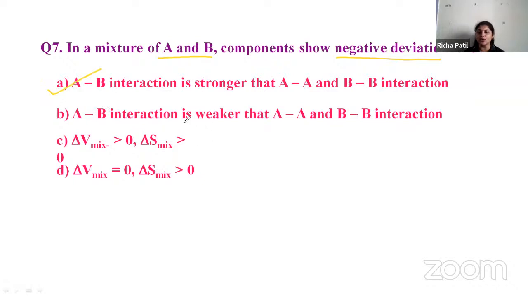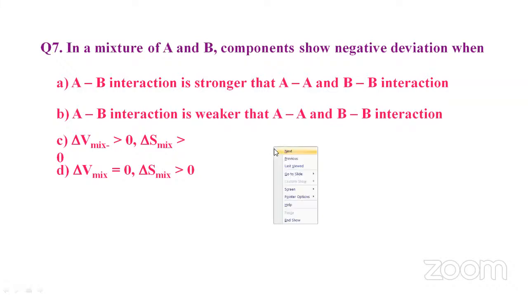The answer is A. AB interaction is stronger than AA and BB interaction. So if the AB interaction is stronger than AA and BB interaction, then it will show a negative deviation.